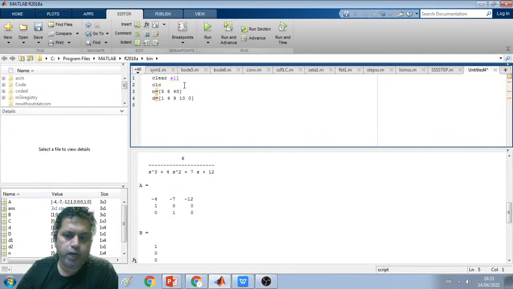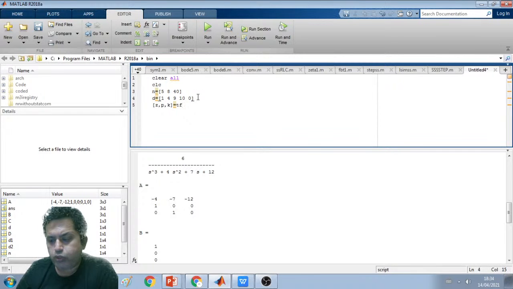This is the numerator and denominator coefficients. Then comes [z, p, k] = tf2zp(n, d).